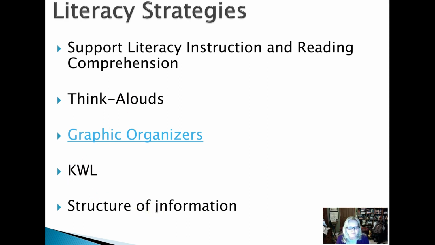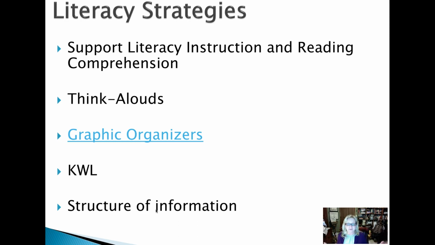And then the structure of information. It's important that students understand, particularly with nonfiction books, the structure of a book and where to find information in a book, the purpose of sidebars and what kind of information would be in them, how to read charts, how to read maps. And this happens a lot in content areas where certain structures of texts are more used in certain content areas.